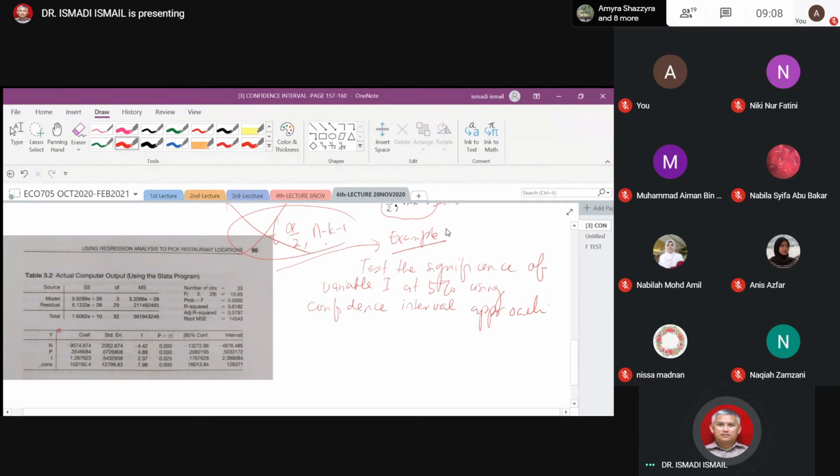Here the dependent variable is Y. Y hat is equal to 102.192.4 minus 90.74.674 N plus 0.3547 P and plus 1.2879 R.